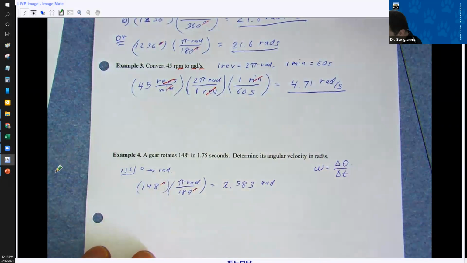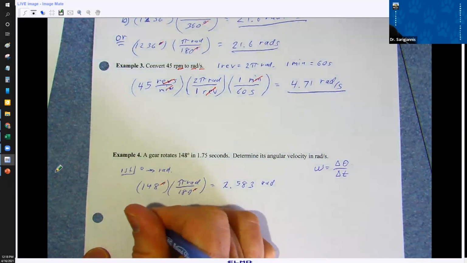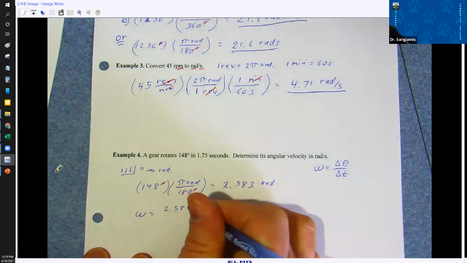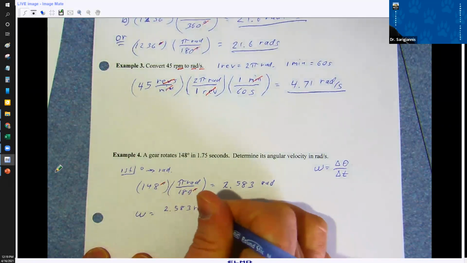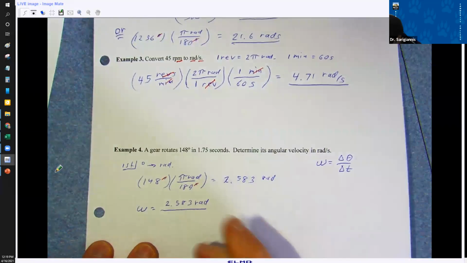That's our delta theta. So angular velocity is going to be 2.583 radians, and that's accomplished in 1.75 seconds.